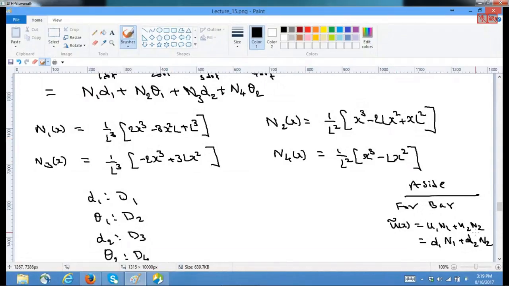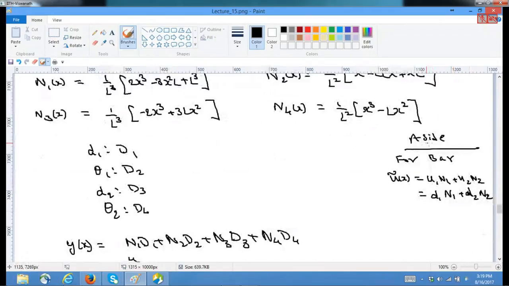If you look back at the previous topics like chapter 2, for the bar we noticed our approximation was u1 n1 plus u2 n2, because it is nothing but degree of freedom times its shape function, summed over all degrees of freedom. Similarly, I define d1 as generalized degree of freedom capital D1, theta 1 as D2, d2 as D3, and theta 2 as D4.